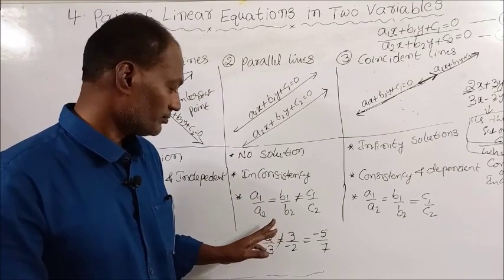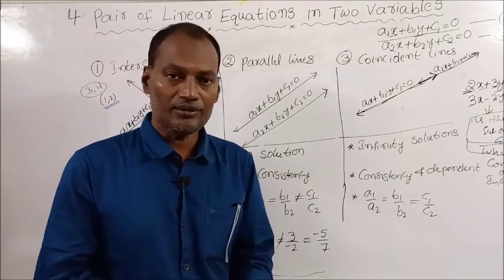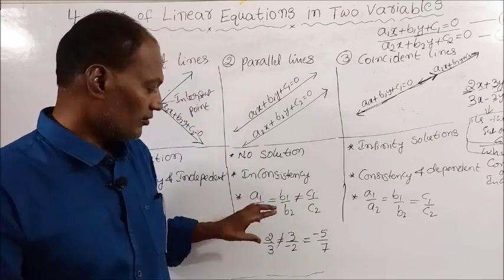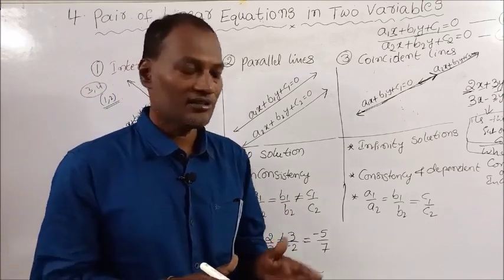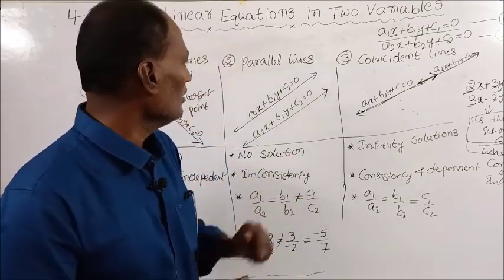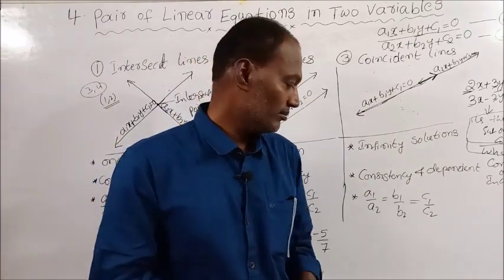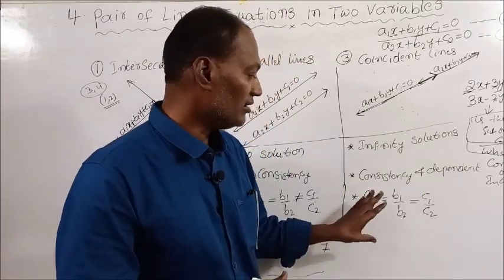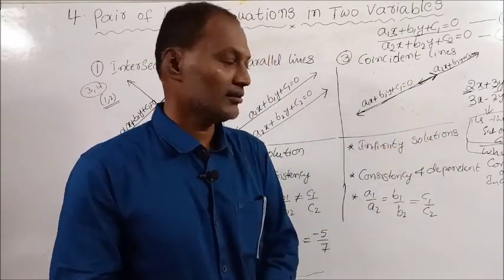If a1 by a2 equals b1 by b2 but is not equal to c1 by c2, then it is called parallel lines. First they are the same, next the c1 by c2 values do not match. And third, if all values are the same, a1 by a2 equals b1 by b2 equals c1 by c2, that is called coincident lines.